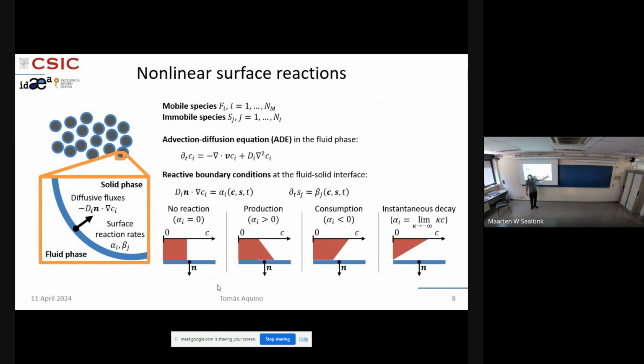If you have instantaneous decay, you can put instantaneous decay here. How to do that? You can take a linear reaction, like before, but now I remember to write the C, so kappa C. And then if you take the limit where the rate goes to minus infinity, you have a linear reaction that goes instantaneously fast.